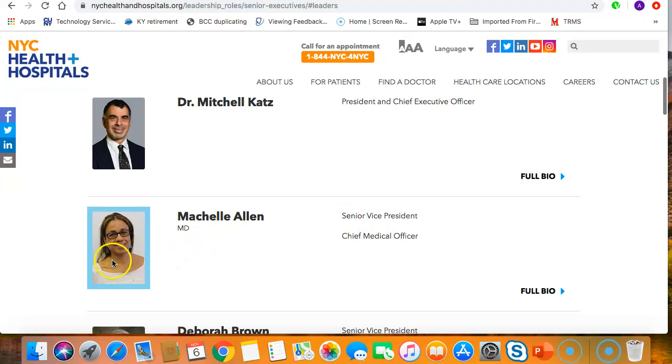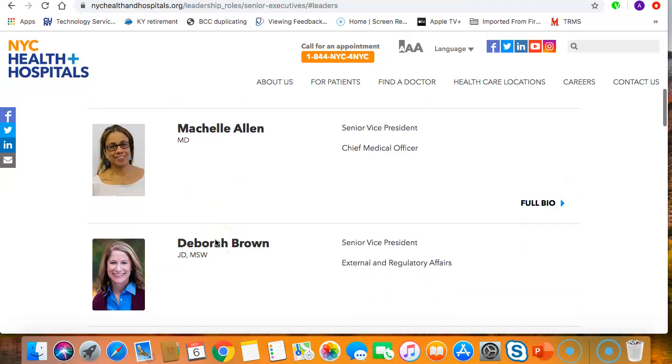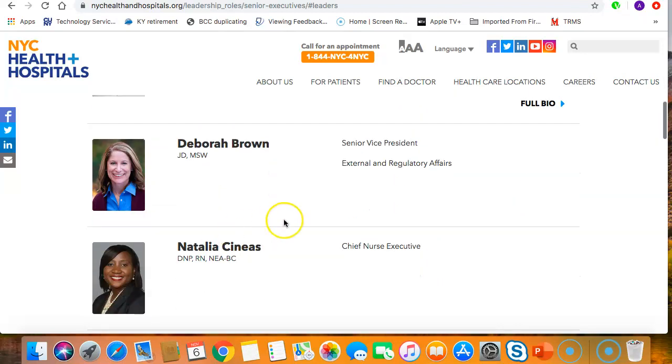We have the chief medical officer or the chief of staff, Dr. Machelle Allen, who is also a physician. And then you have a senior vice president here. She's a lawyer, JD, and that's the external and regulatory affairs. That's very administrative and also compliance.